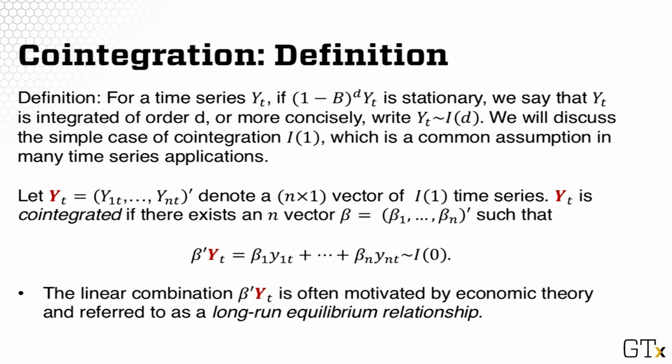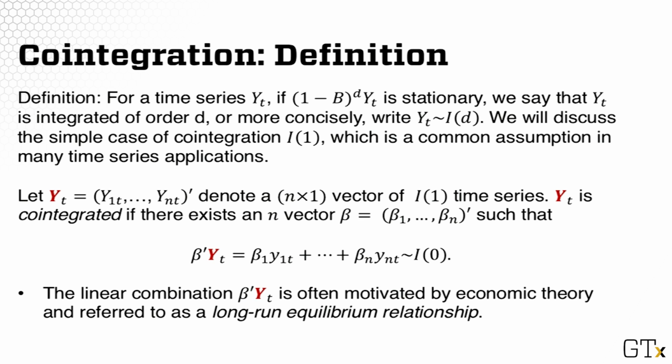While integration means taking a d-order difference of the time series, cointegration means taking a linear transformation beta of the vector time series yt, where yt is a multivariate time series, such that the resulting linear combination is a stationary time series.